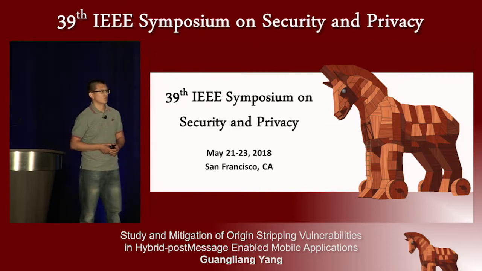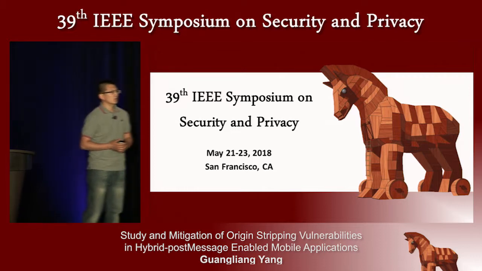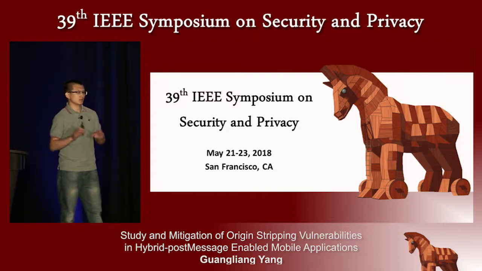Hi, Ben from CISPA. I was wondering about the regular usage of postMessage. Can you comment on whether these web views are actually checking origins and setting target destinations, or are they developing code that is insecure even without your attack? In the web platform, in regular web apps, there are some security checks, because there were already attackers in that regular postMessage area, and there are already many solutions.